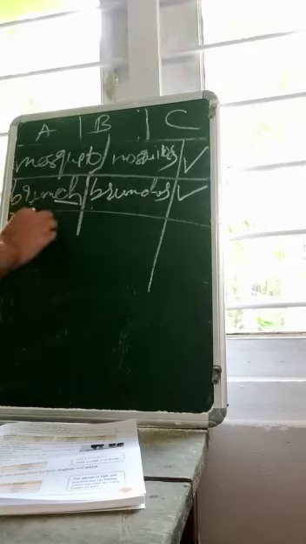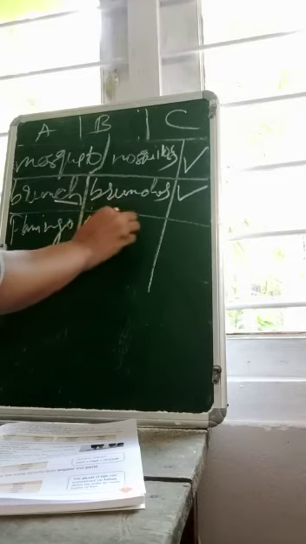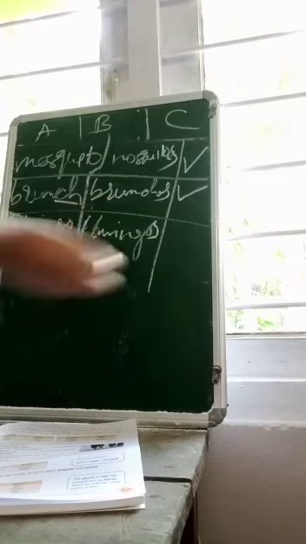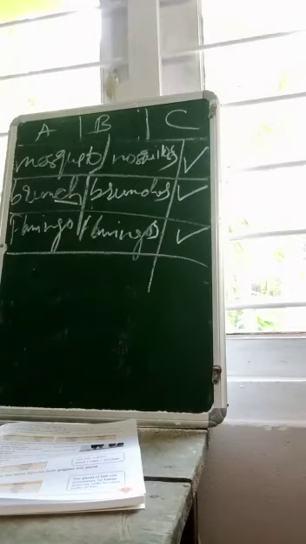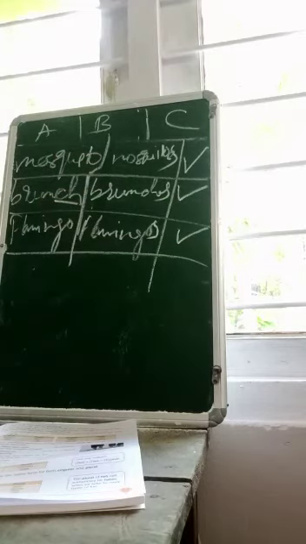Then we have flamingo. Plural form flamingos. This one also is correct. Okay. We have learned before that there are certain words, right? Even if it ends with O, for certain nouns we do not need to add ES.